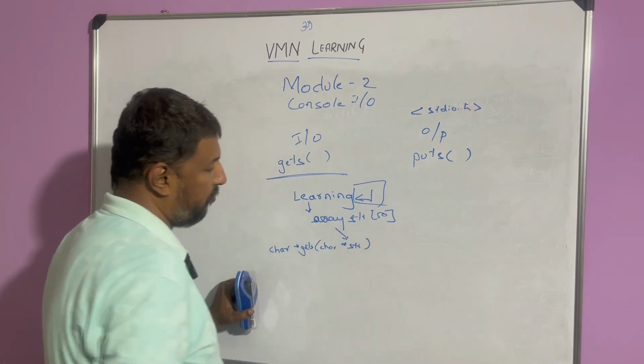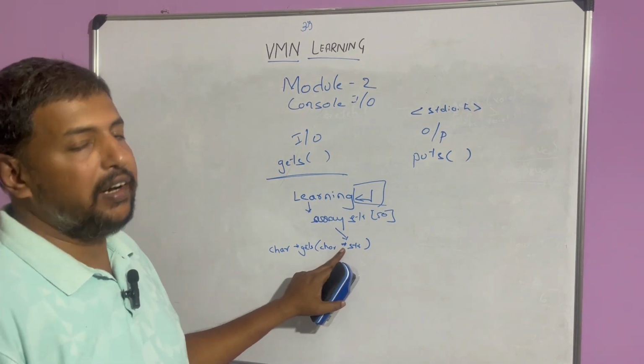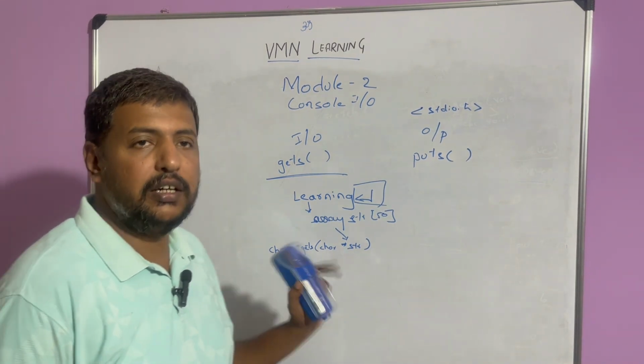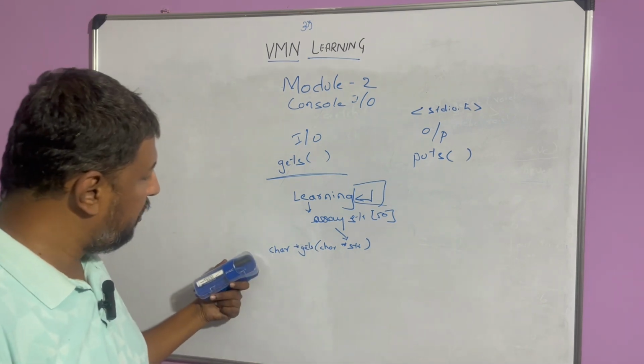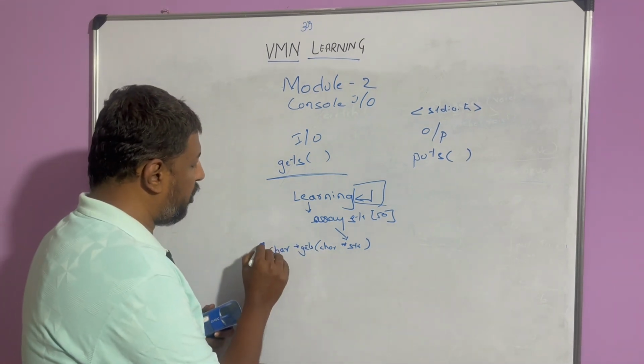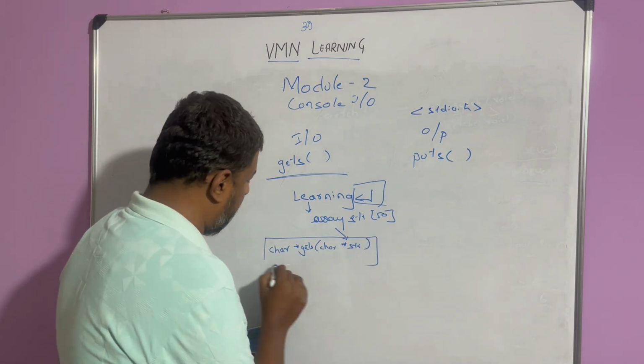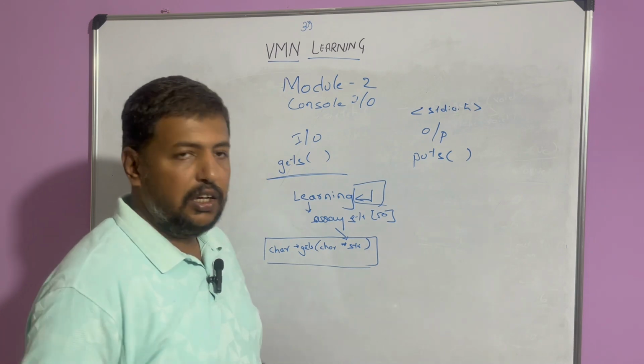This is an array, and these are the pointers of the array. Pointers we will learn later, but this is the syntax prototype of this function.